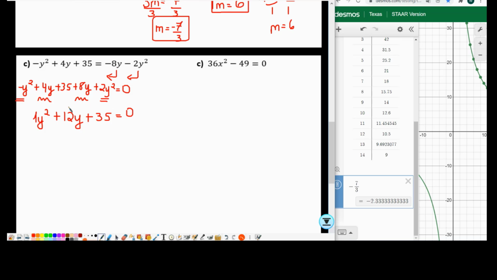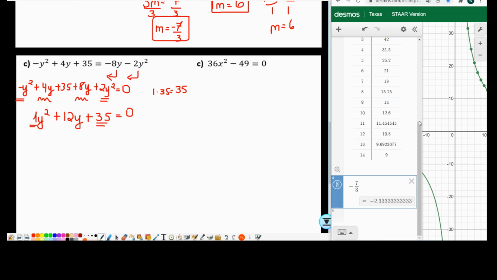Now we're ready to do the procedure to find the factors. Okay, so 1 times 35 equals 35. We're going to go to the calculator and we're going to go ahead and use the table that we already built for the previous problem.